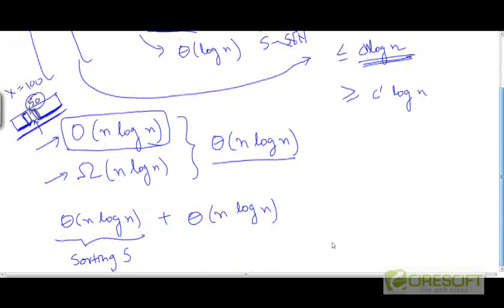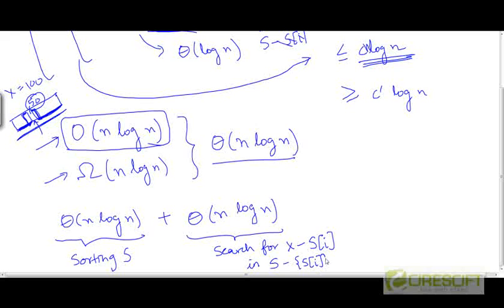For each element, you search for the complementary value, x minus s of I in S, or rather, strictly speaking, in S minus the element s of I. So the total time taken by the algorithm is going to be theta of n log n.